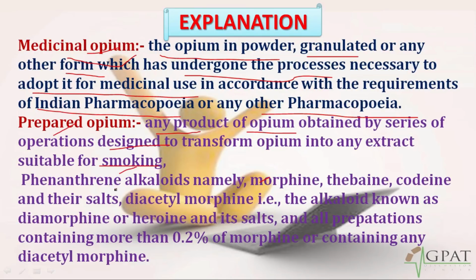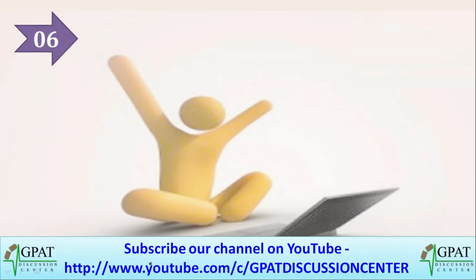Phenanthrene alkaloids, namely morphine, thebaine, codeine, and their salts, and diacetylmorphine, the alkaloid known as diamorphine or heroin, and its salts, and preparations containing more than 0.2% of morphine. So the correct answer is 0.2% of morphine. So moving on to the next question.